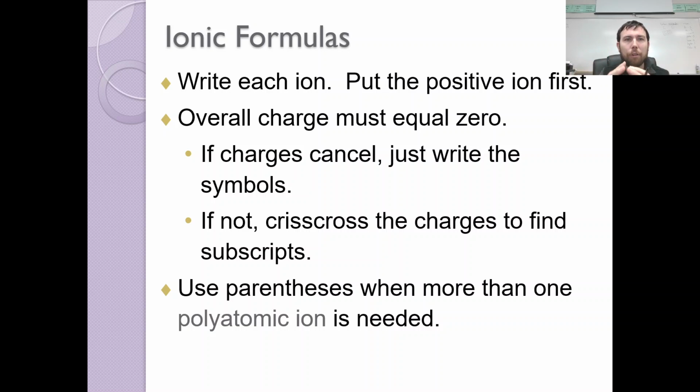When I write the overall ionic formula, I'm going to need to put that formula in parentheses to make sure that the 2 goes to both the nitrogen and the oxygen, not just the oxygen. Again, I've got an example where we'll see how this works itself out. So these are the rules, the things we need to keep in mind when writing the formula. Now let's look at 2 examples of how we would write the formulas based on the name.